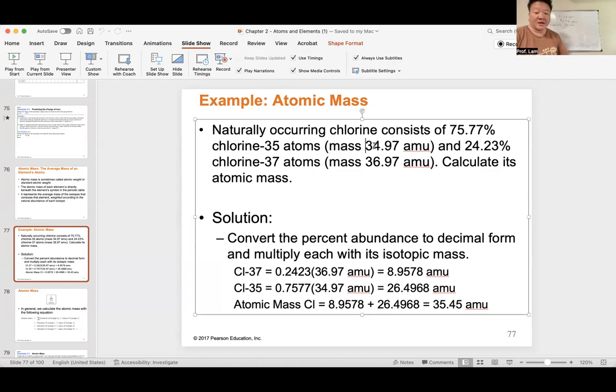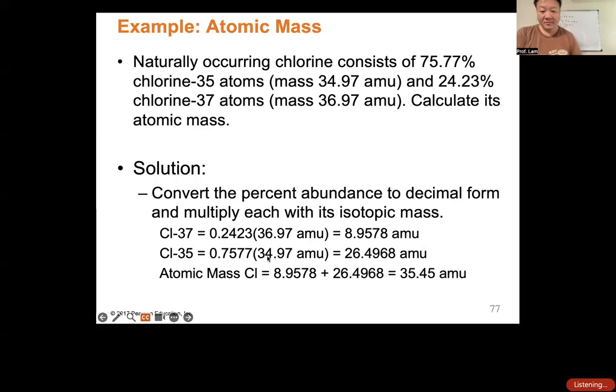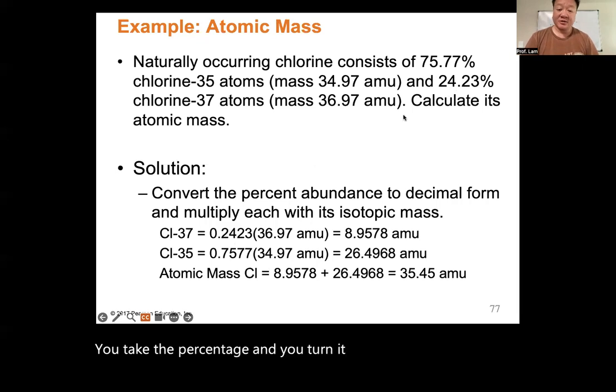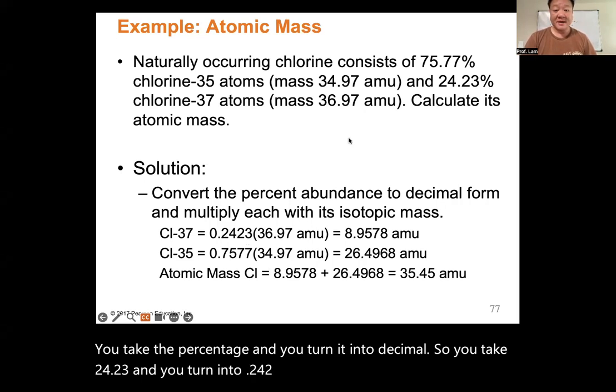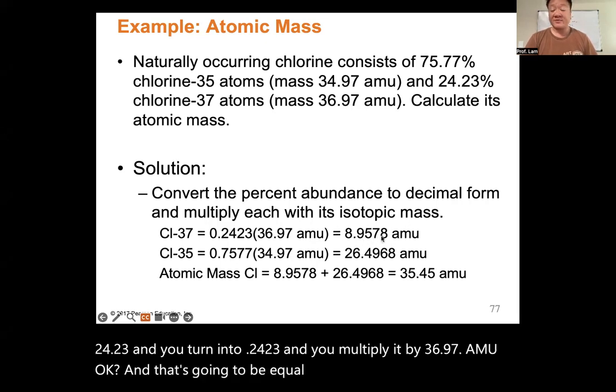So how do you do a weighted average? You take the percentage and turn it into a decimal. So you take 24.23 and turn it into 0.2423 and multiply it by 36.97 AMU, and that's going to be equal to 8.9578.